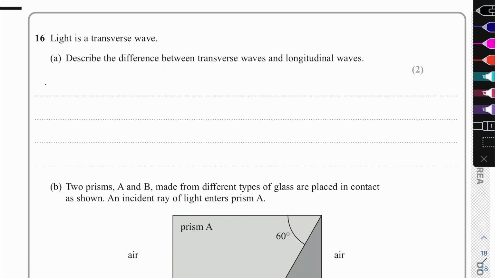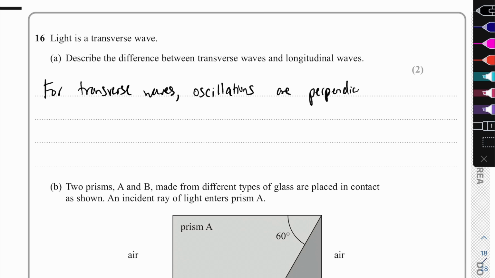So a very standard answer is, for transverse waves, oscillations are perpendicular to the direction of travel. So this is just the symbol, perpendicular.